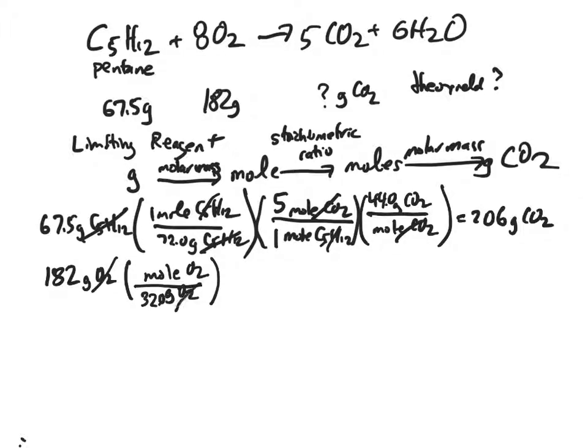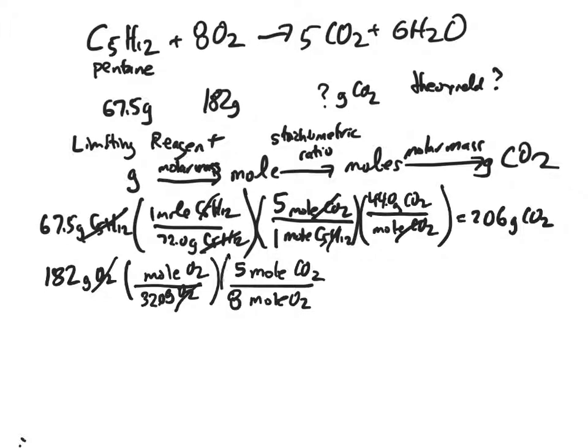So grams oxygen divided by grams oxygen. Now we need to come up with our stoichiometric ratio that converts moles oxygen to moles carbon dioxide. And we look back up at our balanced chemical equation. It's 5 moles of carbon dioxide are produced for every 8 moles of molecular oxygen that's consumed.